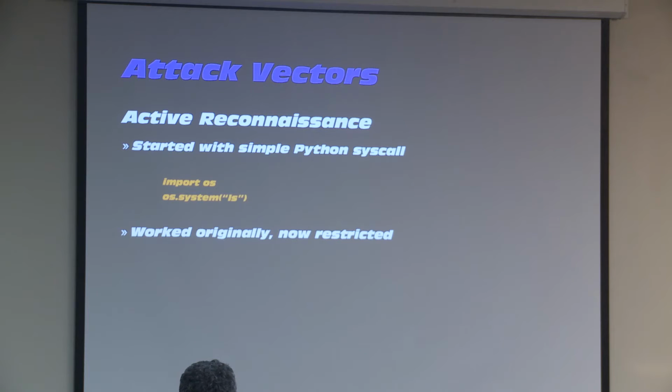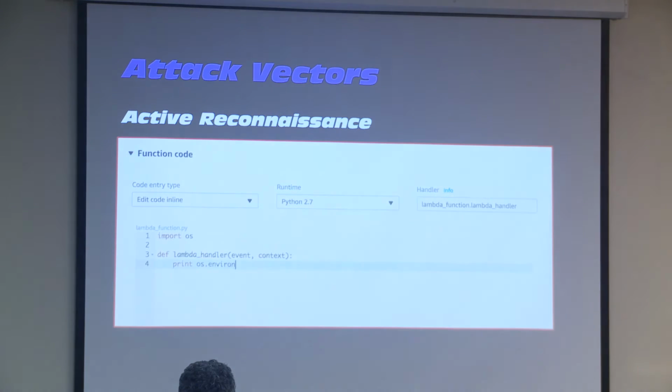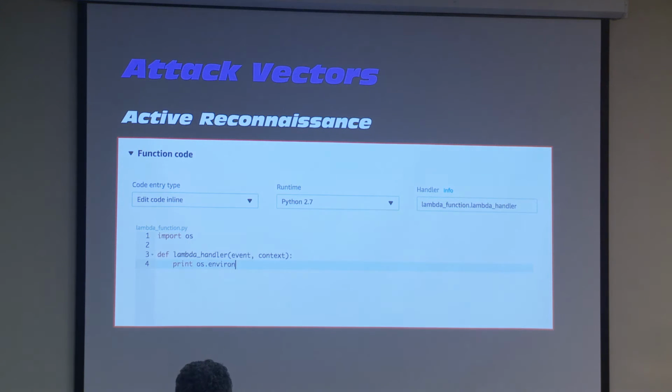This actually worked originally, and then it stopped. I haven't attempted it again, but I suspect maybe Lambda caught on to the idea that people might be poking around and didn't want them doing it anymore, or I don't know the reasoning, but it hasn't worked for me recently.